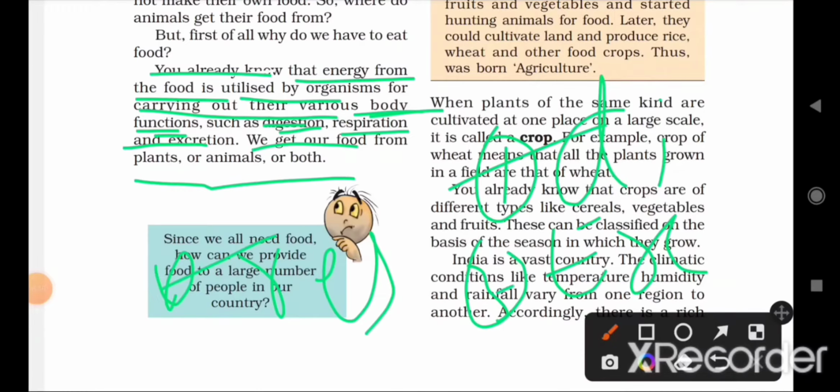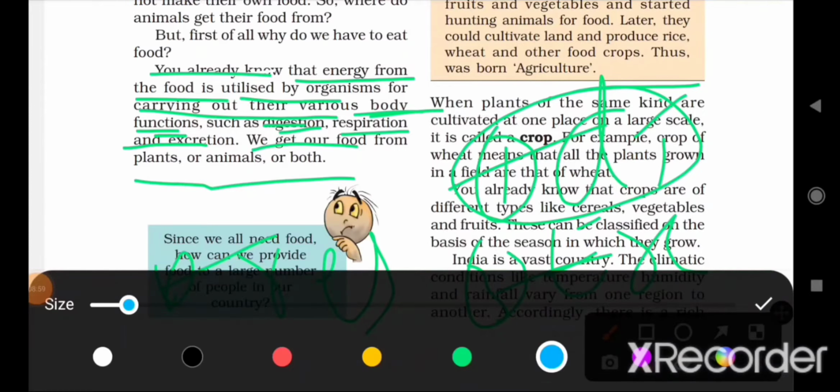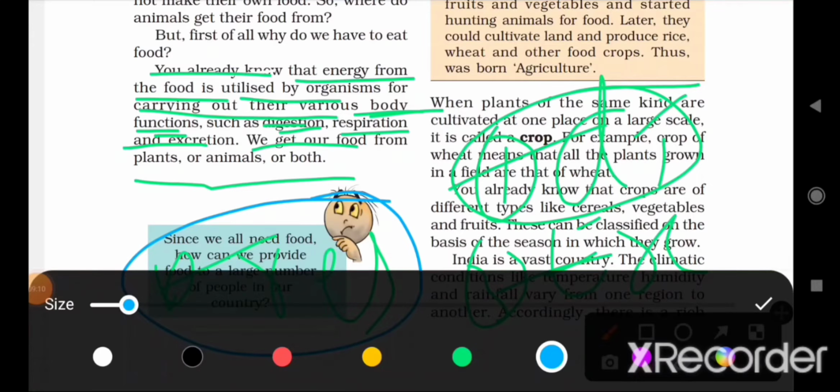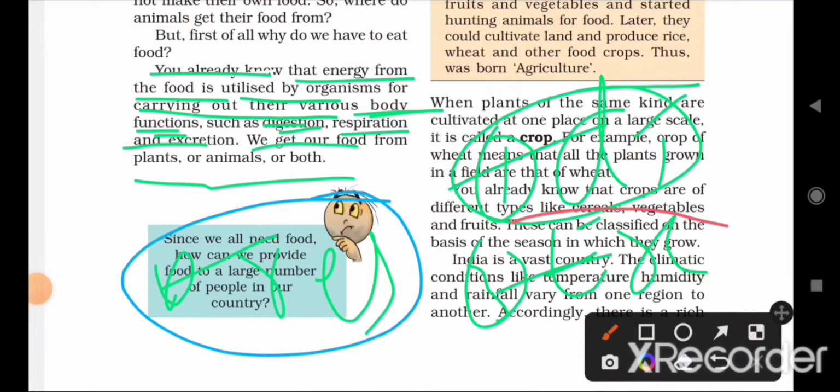What is digestion? The food is broken down in the stomach; that process is called digestion. Another process is respiration. The organisms take in oxygen and release carbon dioxide; that is respiration. Another process is excretion. The waste products produced by the body are harmful, so they should be removed from the body.